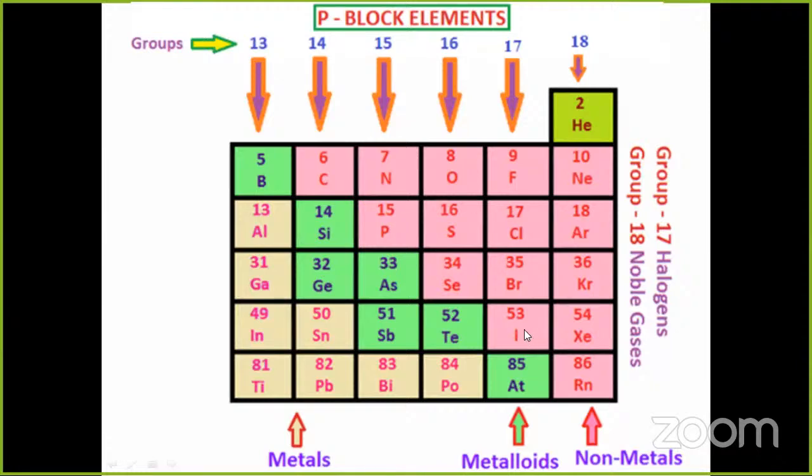You come to 6th group, oxygen is a gas, and the remaining are solids and semi-solids also. Here nitrogen is a gas, and phosphorus is a solid, and these 2 are semi-metals, and the last one is a metal. So you see in P block elements, some elements are available in gas state, some are liquids, and some are solids. So they come under the property named physical state.